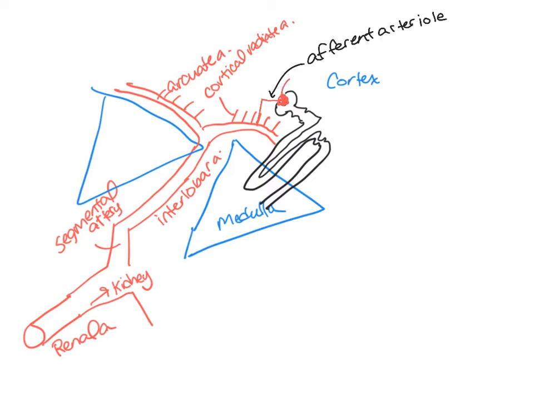So we still are in the group of arteries. It's not yet a vein, right? So that's the efferent arteriole. And the little cluster of capillaries that we have there, that's called the glomerulus, right?